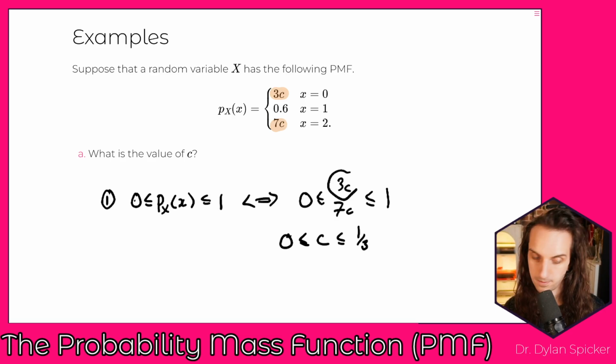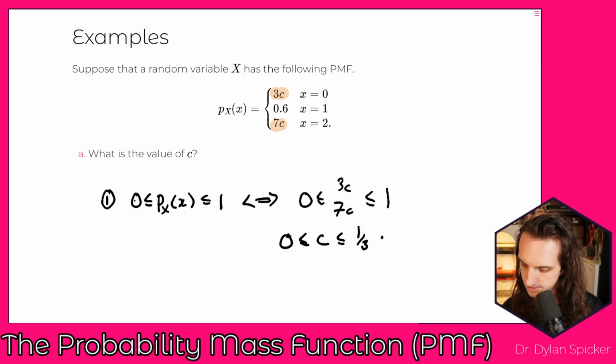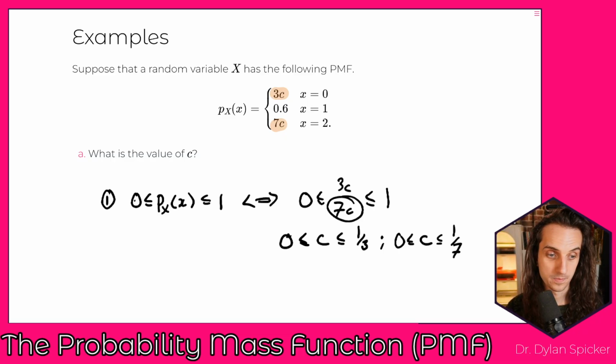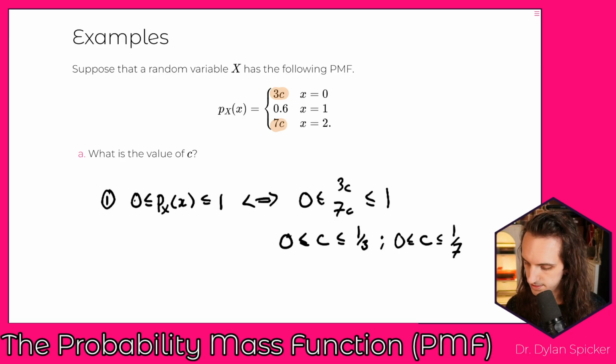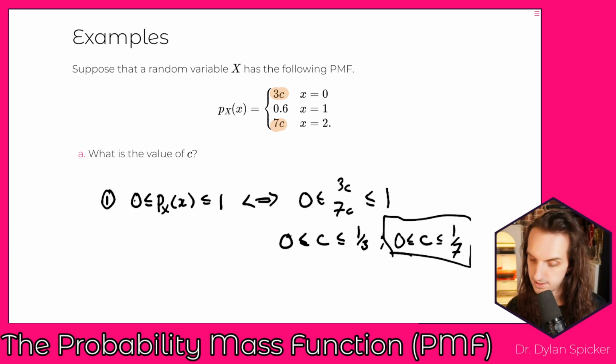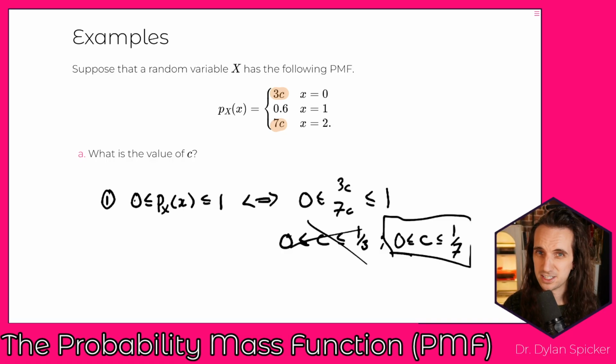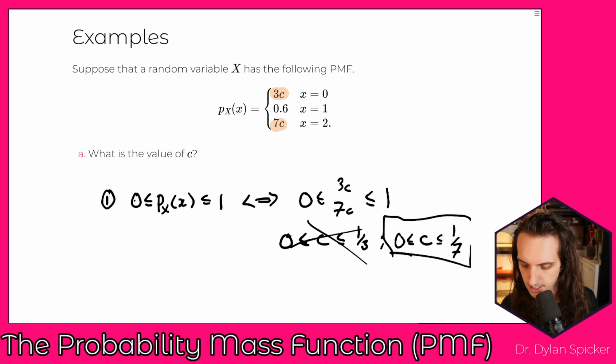Working from 7c and dividing both sides by 7, 0 has to be less than or equal to c, which is less than or equal to 1/7. Ultimately, c is somewhere between 0 and 1/7, because 1/3 is larger than 1/7, so we can ignore that constraint. So from our boundedness, we know that c is between 0 and 1/7.